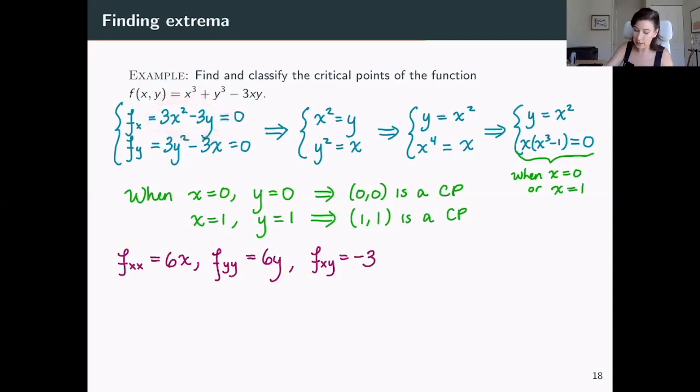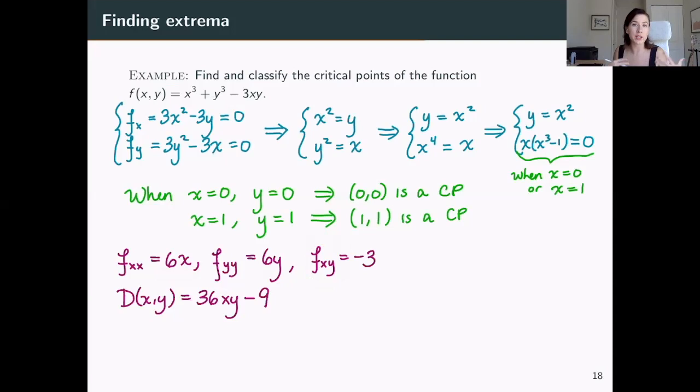And so we can then find that our expression for D of x comma y is going to be equal to 36xy. So we have our fxx times our fyy minus our fxy all squared. So this will be minus 9.